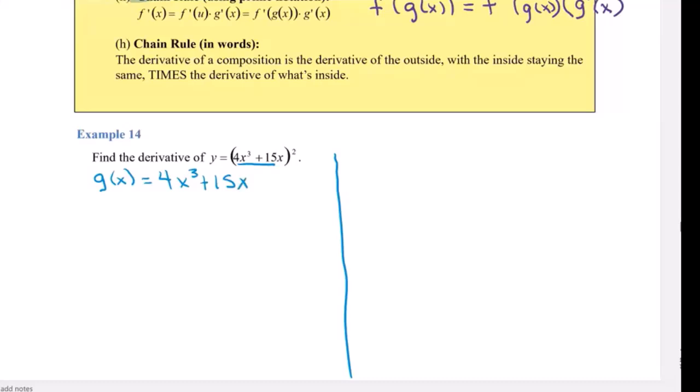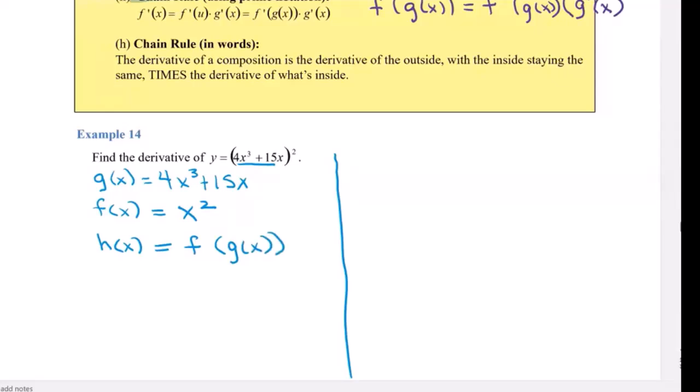And my outer function, which I'll call f of x, is equal to x squared. If I find the composition of these, let's call it h of x, it is equal to f of g of x.